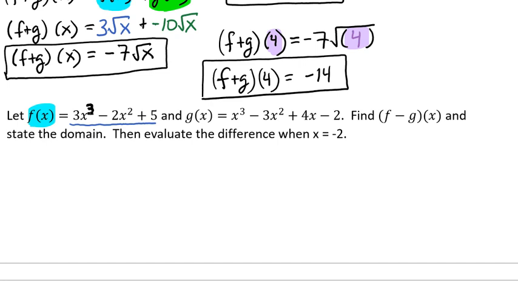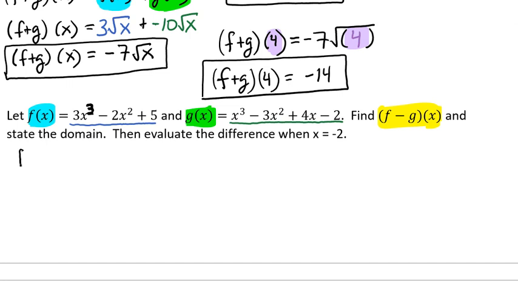There we go. So 3x to the third minus 2x squared plus 5. And our g of x is going to equal x to the third minus 3x squared plus 4x minus 2. And we're being asked to find f minus g of x, to find that function. Then we're going to state the domain and then evaluate the difference when x equals negative 2.